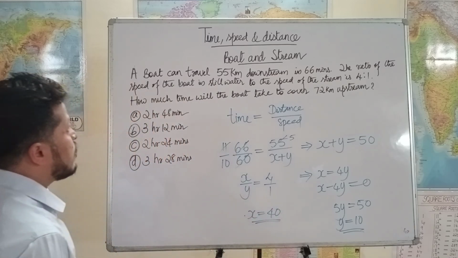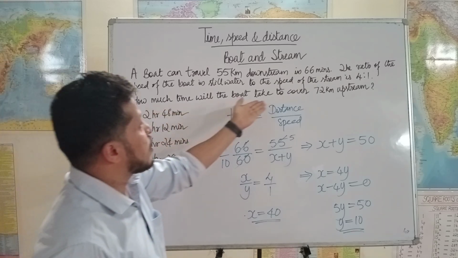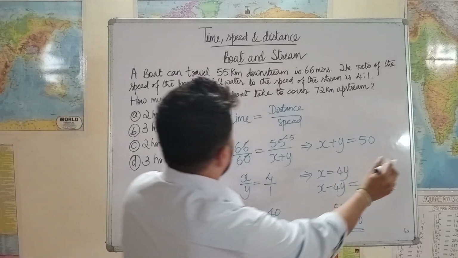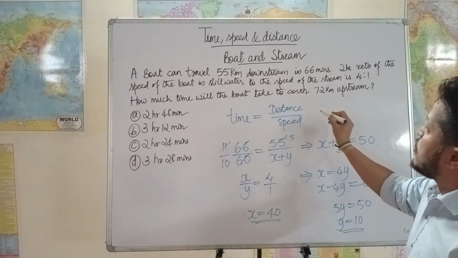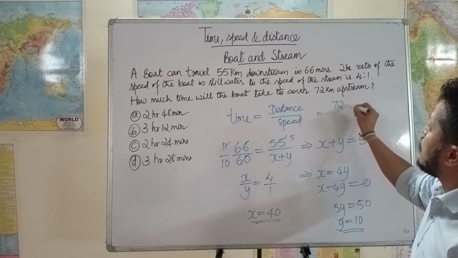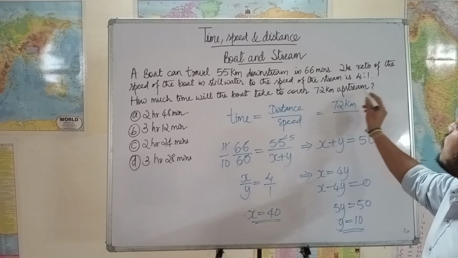Now what do we need to find? We need to find how much time the boat will take to cover 72 km upstream. Time is equal to distance by speed. What is the distance we need to cover? 72 kilometers. And what is the speed? Upstream speed, right?